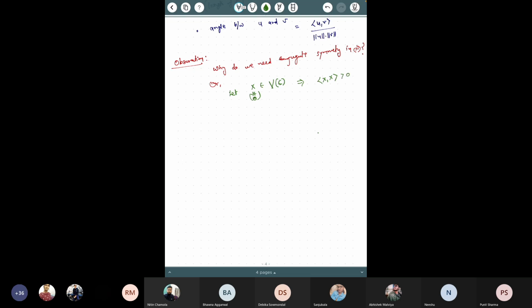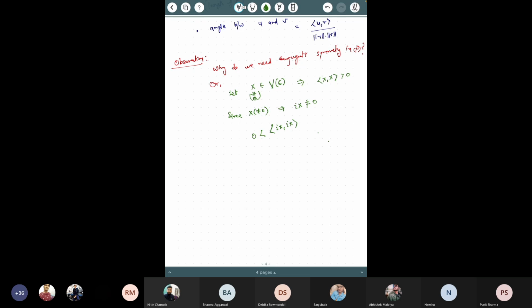Now since the field is the field of complex numbers and x is a non-zero vector, i times x, where i is a scalar in C, is also non-zero because i is non-zero and x is non-zero. So it's a non-zero vector again. Since it's a non-zero vector, by the first property of the inner product, this is also always greater than 0.